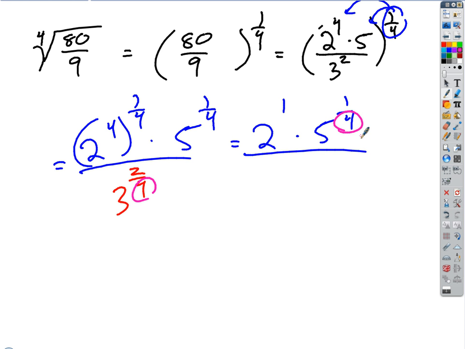On the bottom, we get 3 to the 2/4. So what do I have to do to get rid of that 3 to the 2/4 on the bottom? Multiply by 3 to the 2/4, top and bottom. Everybody agree? That's not a big deal, though. It's going to work out fine for us, because I've got fractions that have like denominators in my exponents. Look what happens.